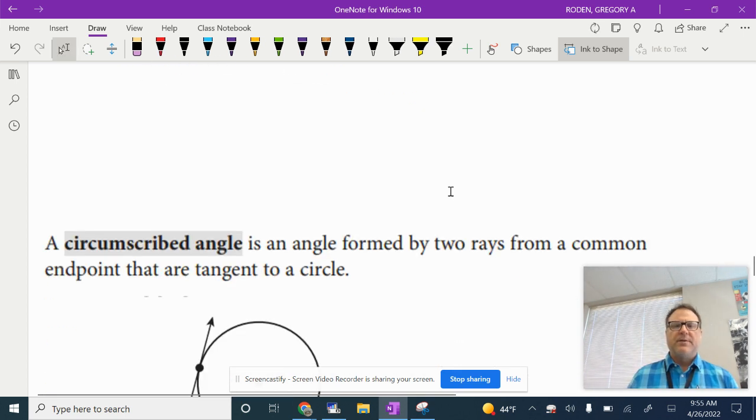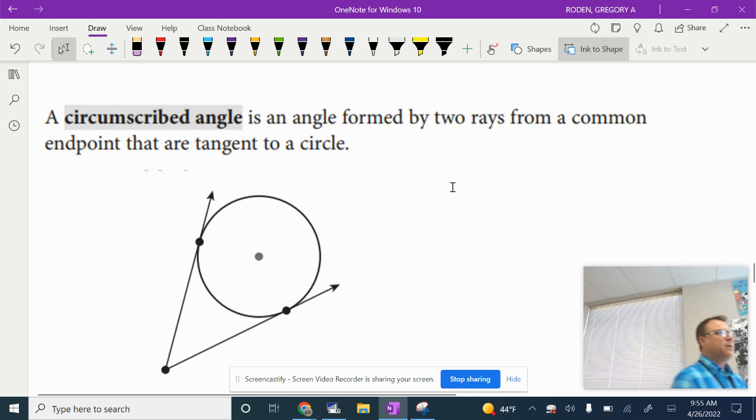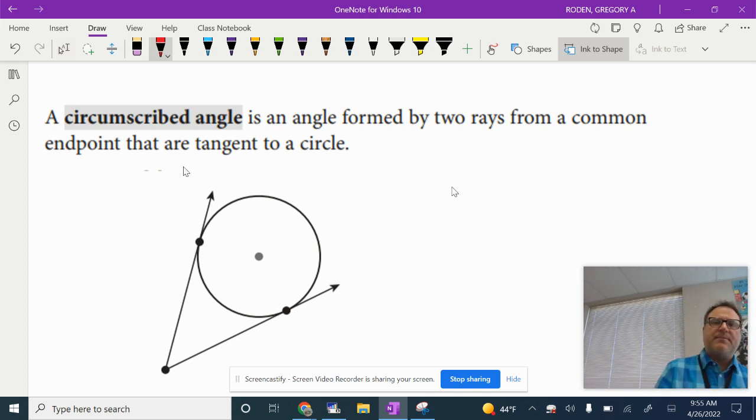Okay. So today, we're going to learn a new concept called a circumscribed angle. Another word, circumscribed, you can think about this. A good way to think, because we're going to do inscribed after this, and we've already talked about circumscribed angles and circumscribed triangles.